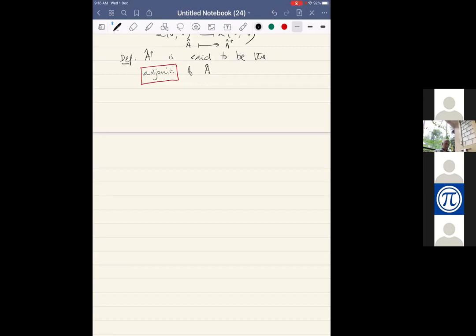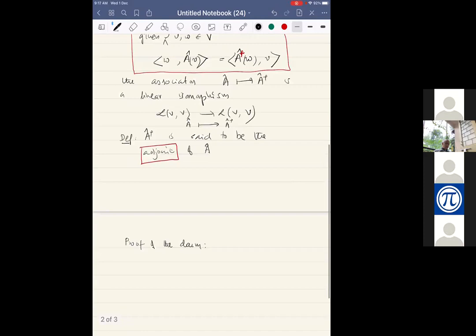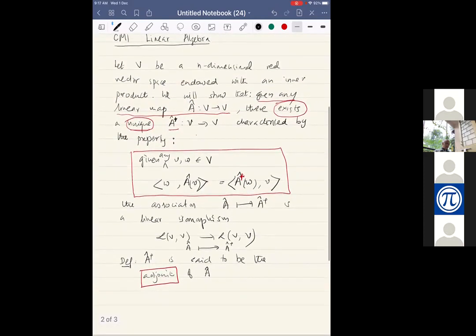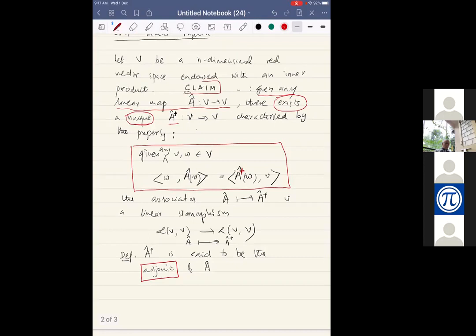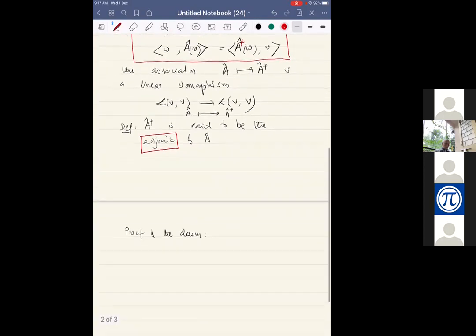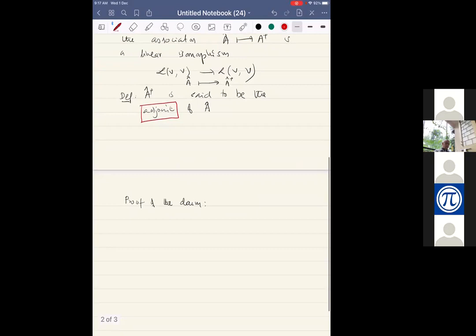So, proof of the claim. Since I have not labeled this clearly as a claim, I will change that to claim. Okay, now I'm going to prove the claim.